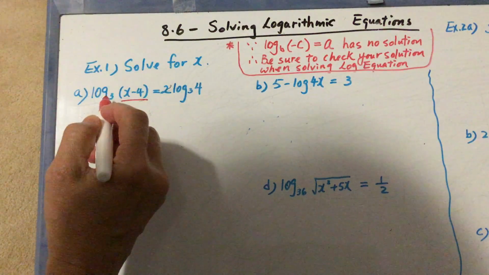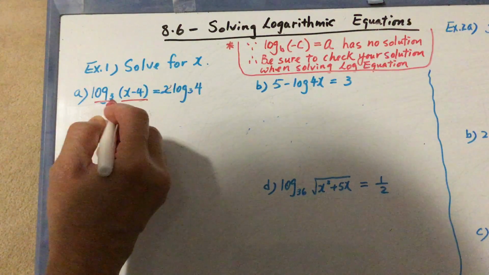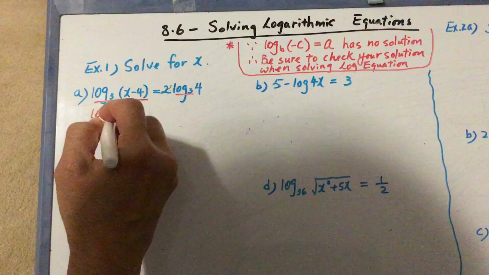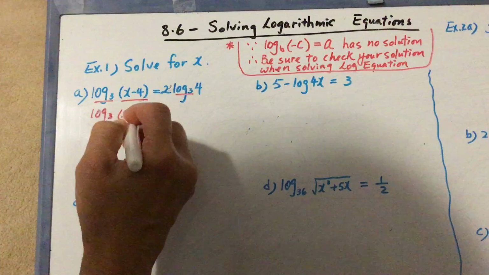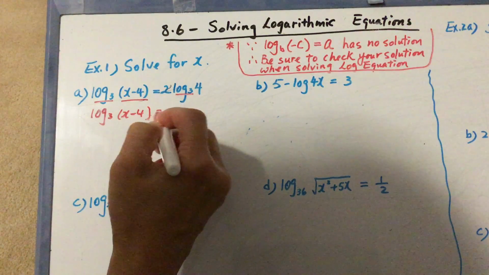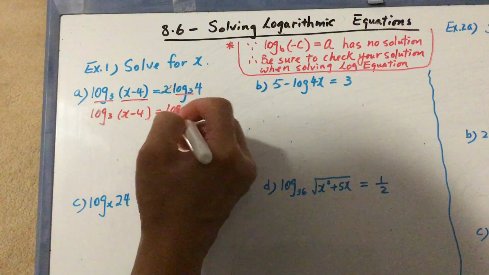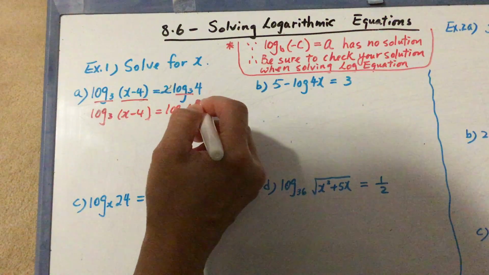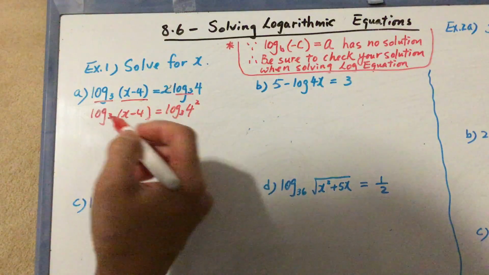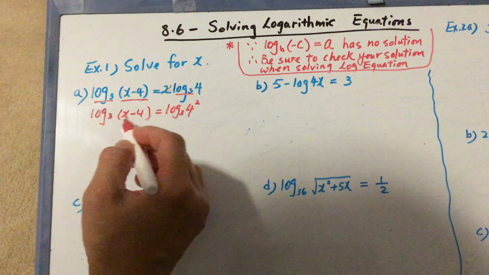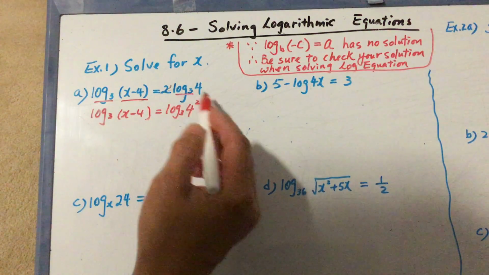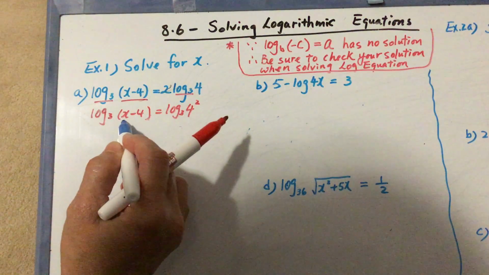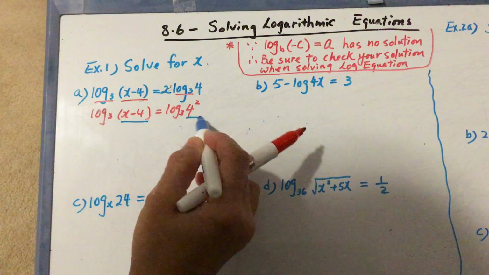So I can rewrite the right side as log 3 of 4 squared, bringing the 2 inside like this. Now we have log 3 of one term equal to log 3 of another term. Since they have the same base, this must be equal to that.